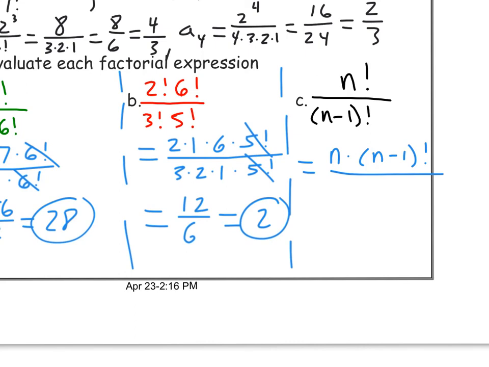Think if n was 8. You would do 8 times 7. Well, 7 is 8 minus 1, but that's all the farther I need to go because I like to write it out as a factorial once I have something that cancels with the bottom, and at that point I do. And all that's left over is the n that was on the top.